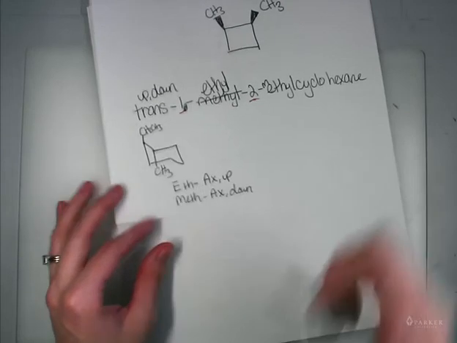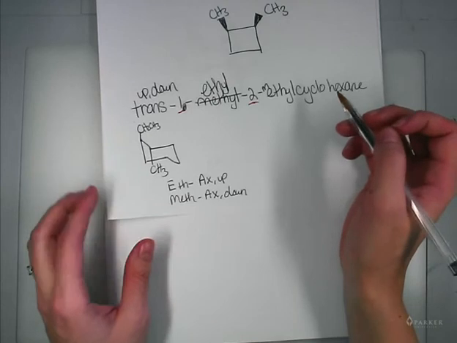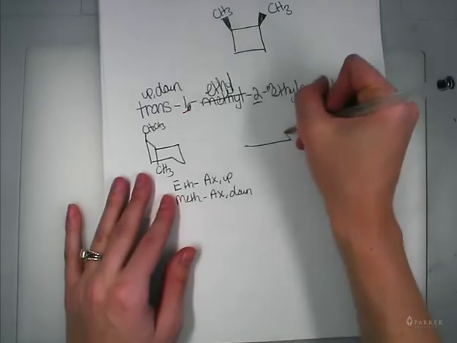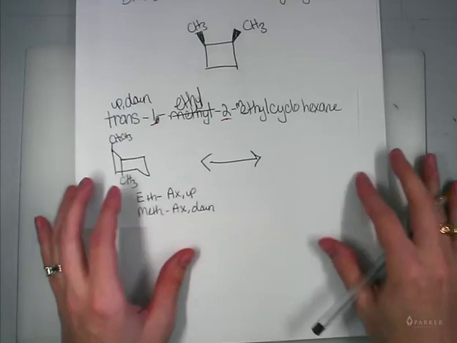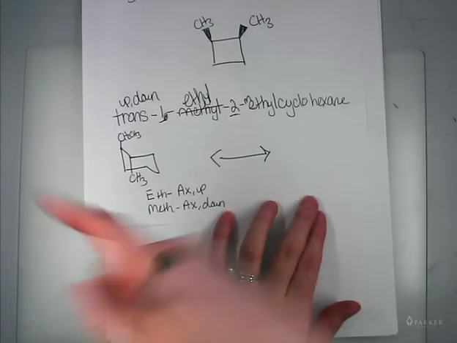Right? Is this stable? No, this is about as bad as you can get. Both axial. So let's do the ring flip.